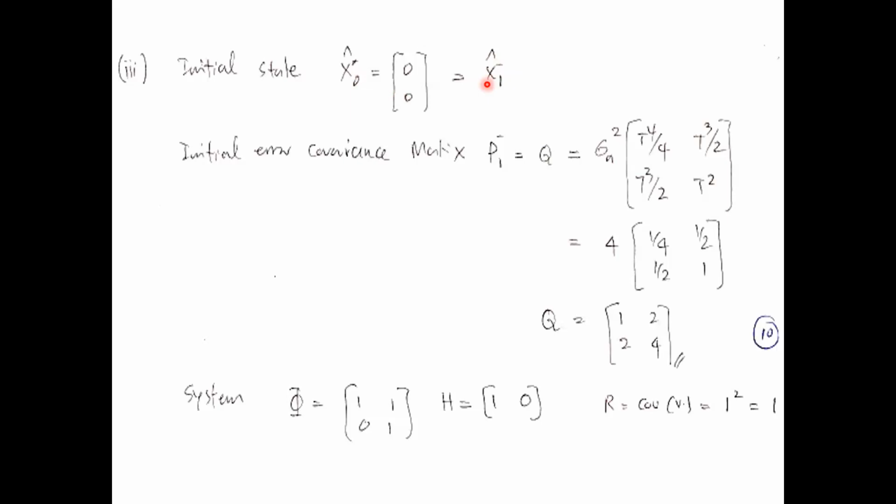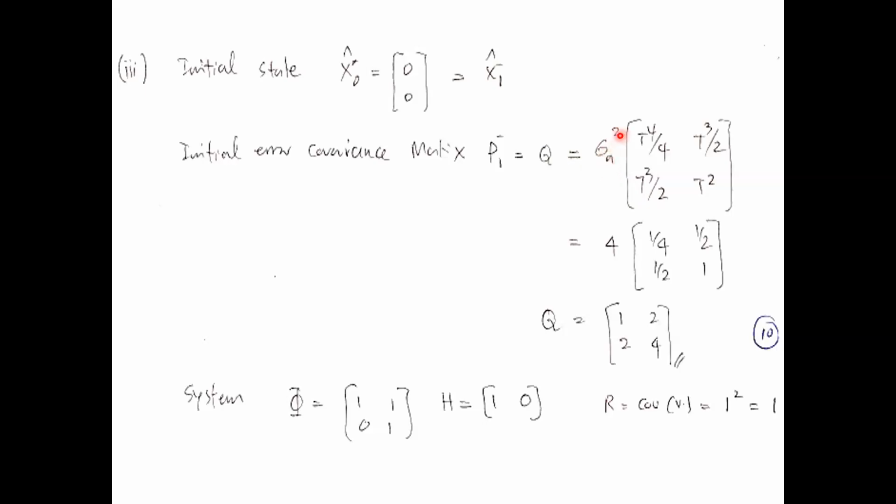Okay, right. Then the initial error covariance matrix, that is P1 minus, from that equation, we have calculated it to be sigma A square times this matrix, and sigma A is, I think, 2. Remember, 2 meters per second square. That is the variance of the process noise, which is given.